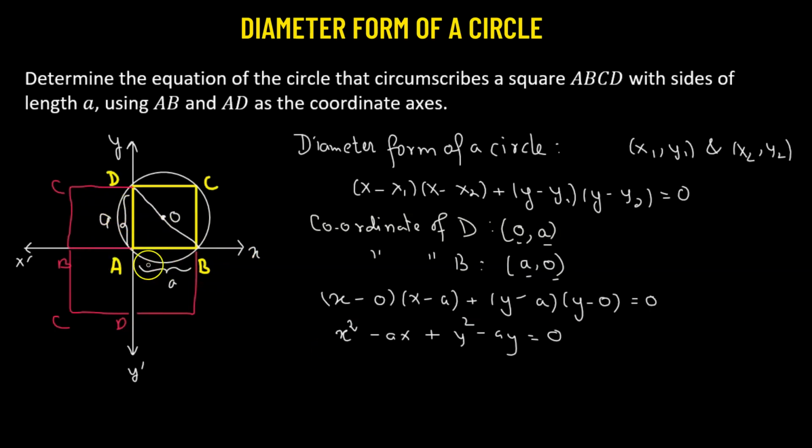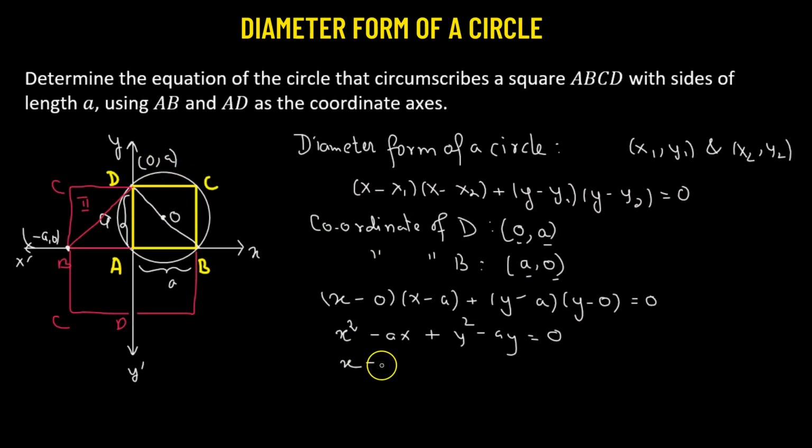So what will be the equation of the circle? Well, number 2. If we consider the endpoints of the diagonal DB of the square which is lying in the second quadrant, point B will be (negative A, 0) and point D will be (0, A).